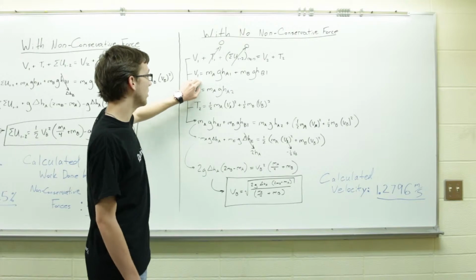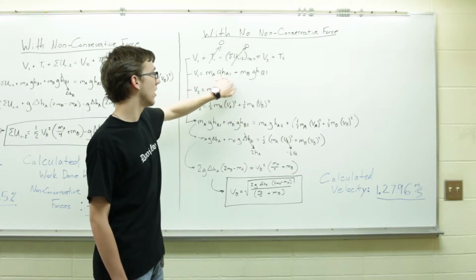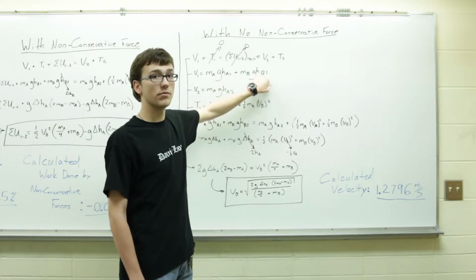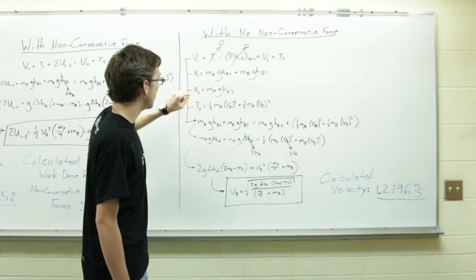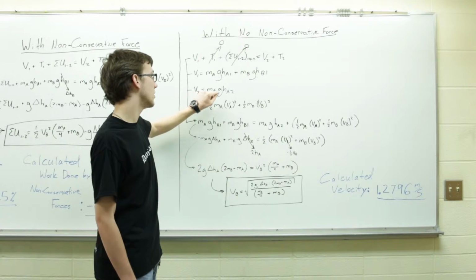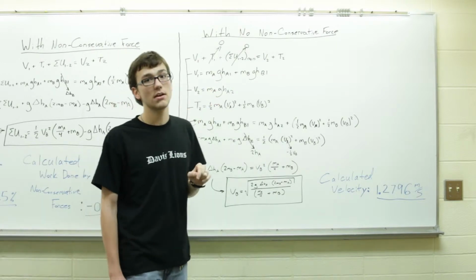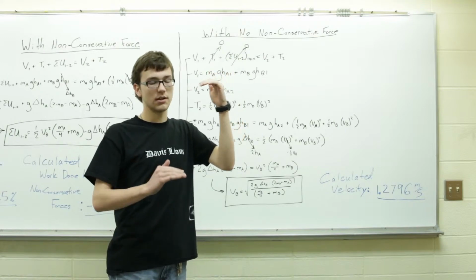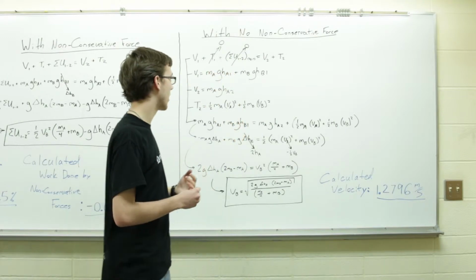We know that V1 is going to be mgh1 for mass A and mgh1 for mass B added together. V2 is going to be mgh2 for mass A and nothing for mass B, because mass B at that point will be at the bottom of the datum and therefore have no potential energy due to gravity.